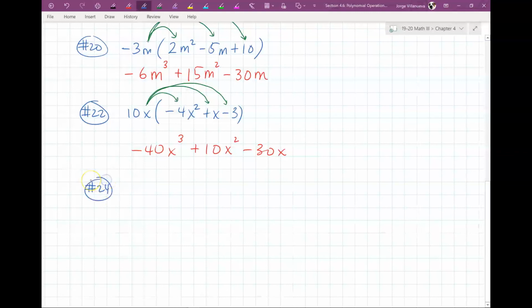But here's 24. Last one. 5y times y plus 2 minus y times y minus 3. So you're just basically going to distribute everything and then combine. Okay? So let me move this up.